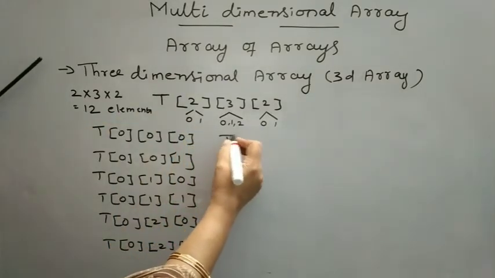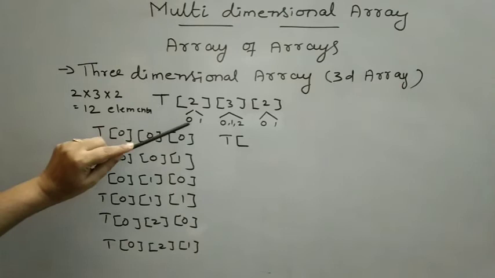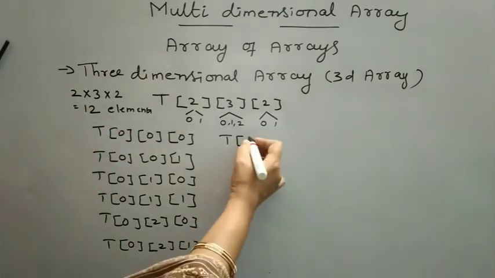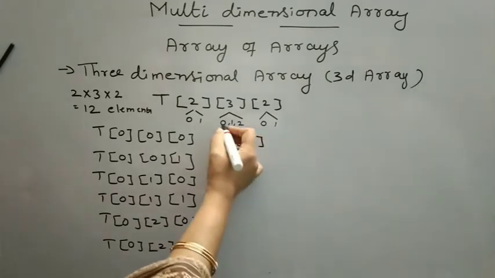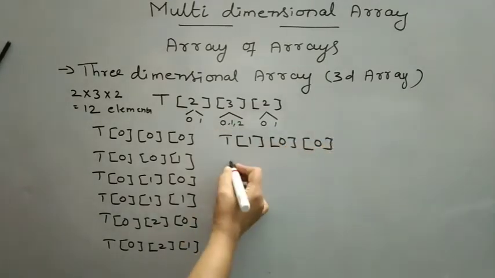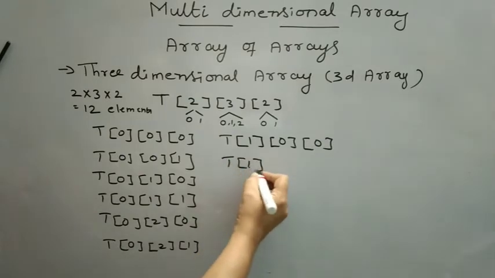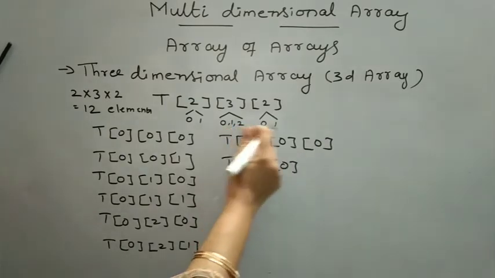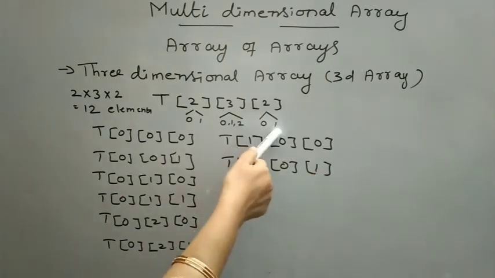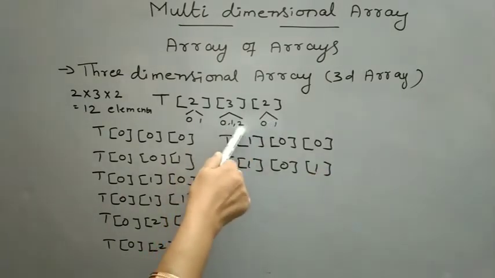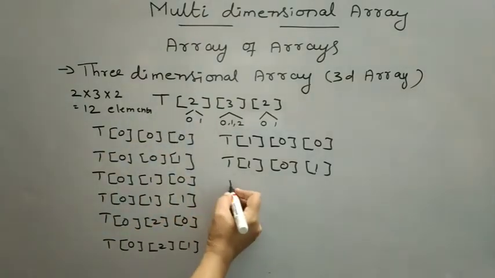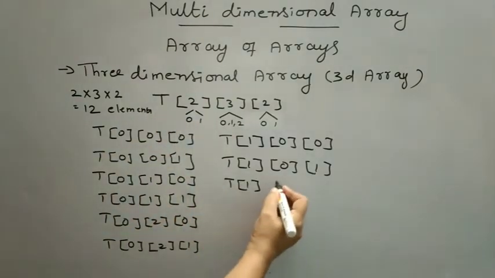And then the second row. Now we want to vary the index position from 0 to 1: T of 1, 0, 0 and T of 1, 0, 1. First vary the index position of the last dimension, and then vary the index position of the next dimension.